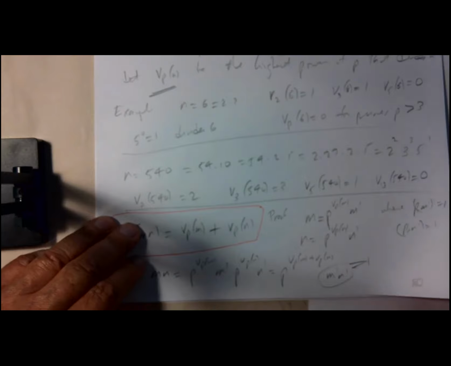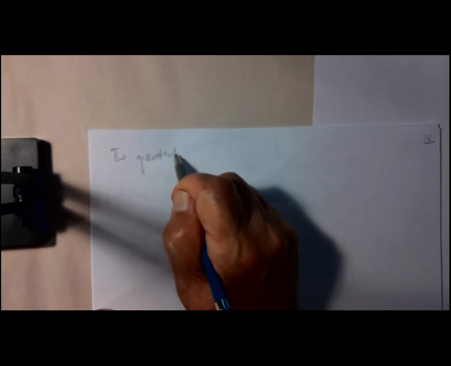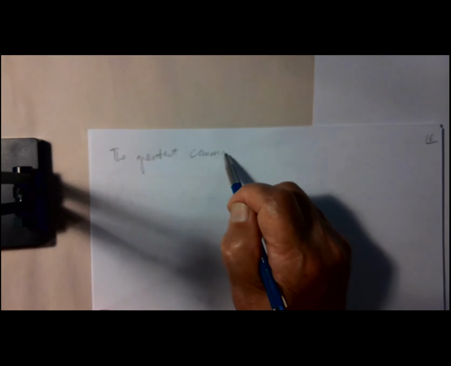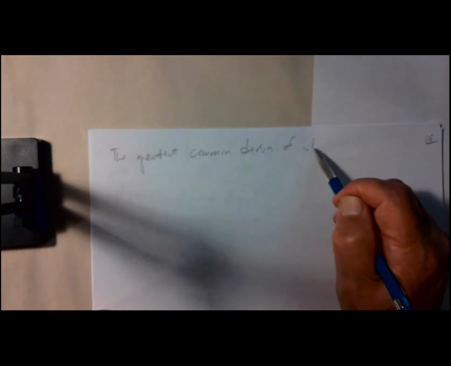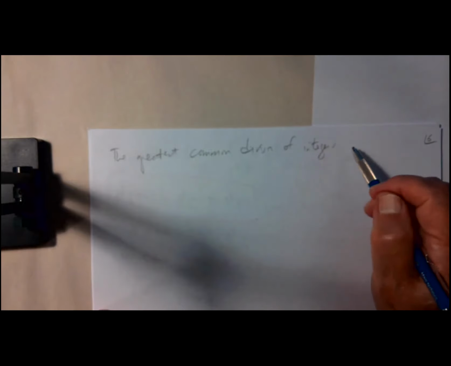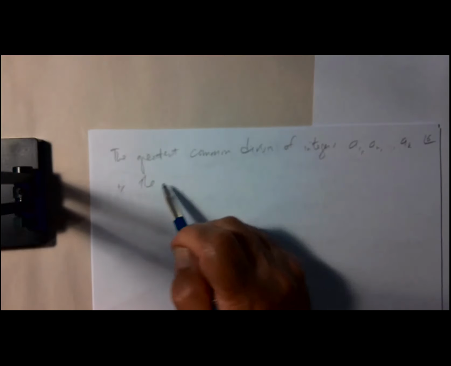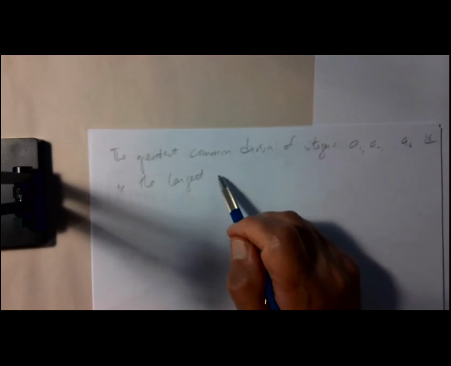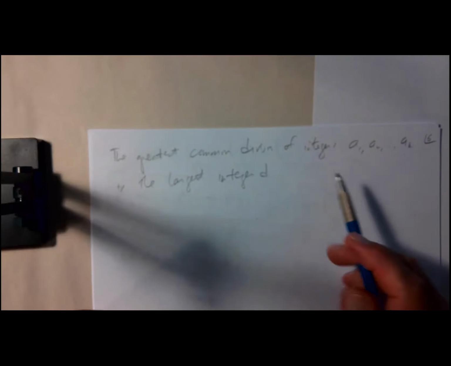We've already talked a bit about the greatest common divisor of a pair of numbers or a set of numbers. So the greatest common divisor of integers a1, a2 up to a sub k is the largest integer d that is a common divisor of these.